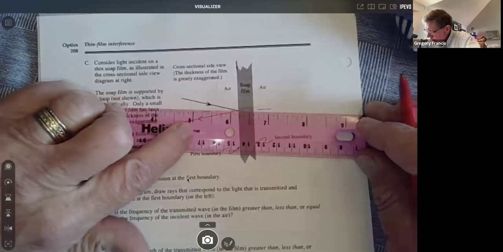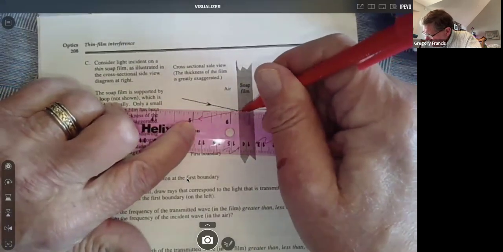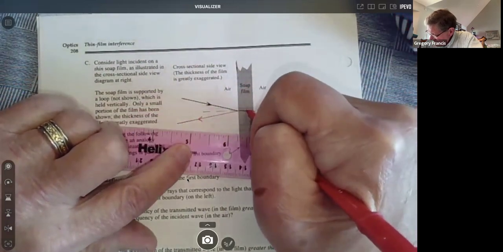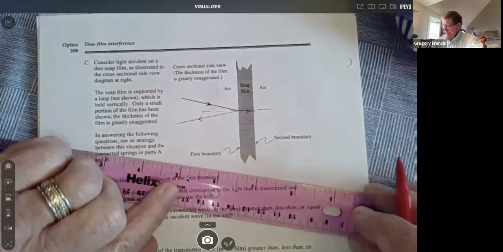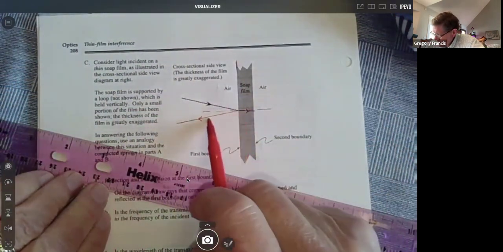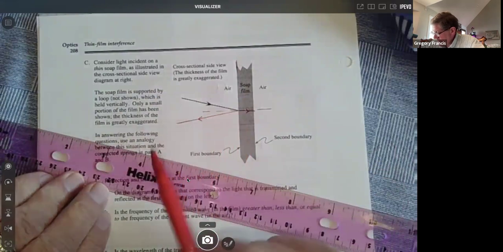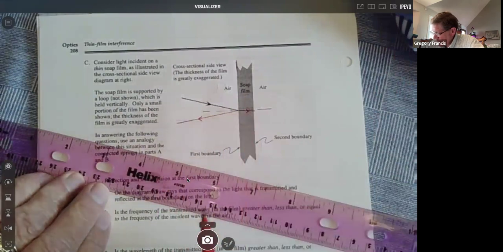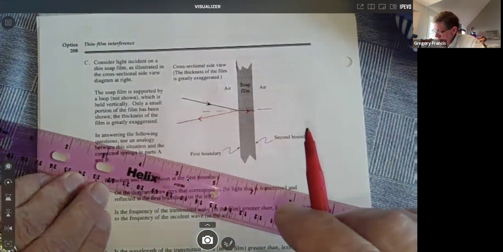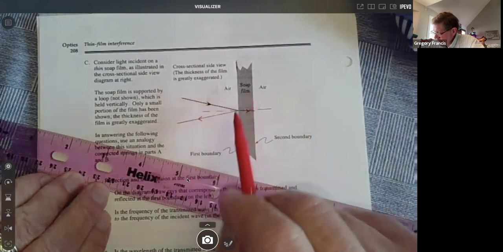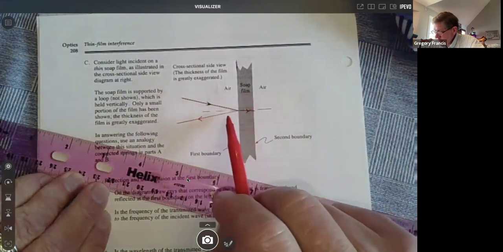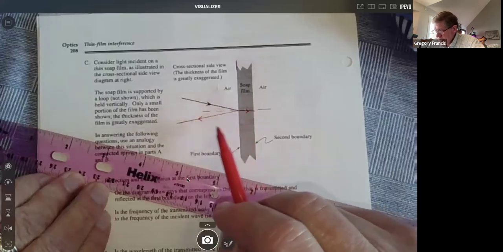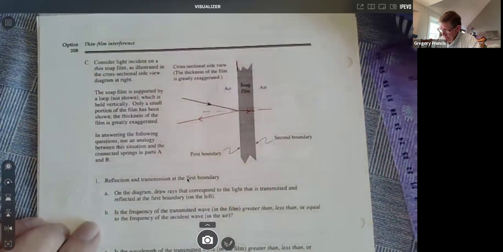So it would go something like this. And so some of the energy would bounce back. That's the reflected ray. And some of it would go into the slower medium there. And because we're going from fast to slow, there would be an inversion at this boundary here. If a crest went in, a trough would come out.